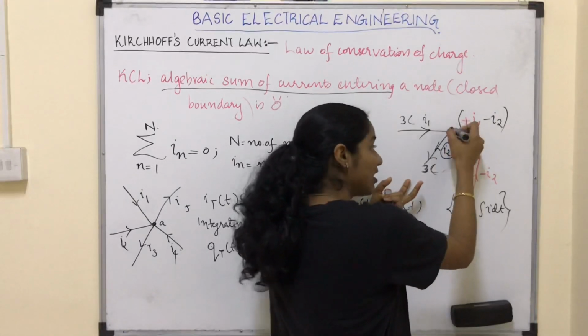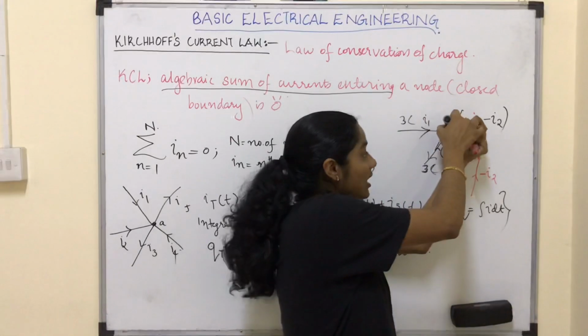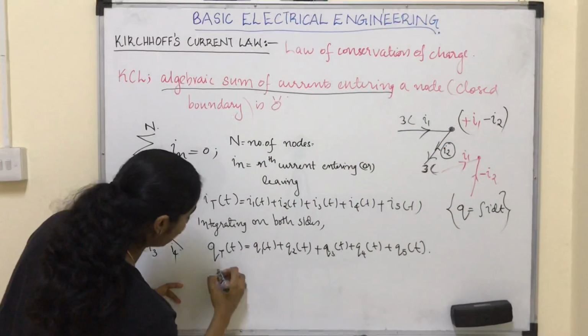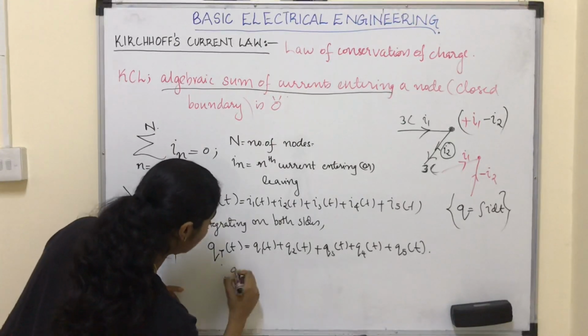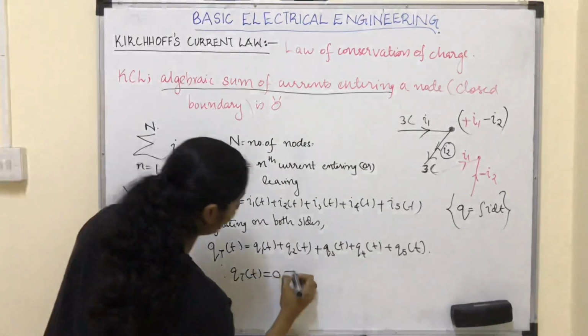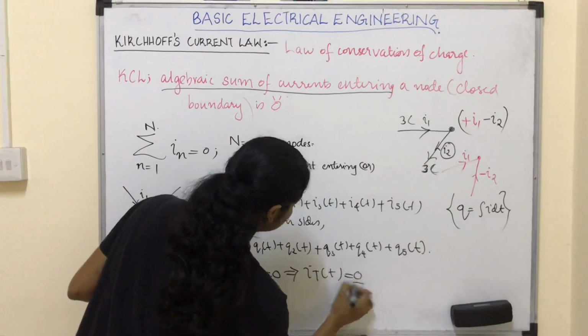The net charge of the node is equal to 0. Net charge equal to 0 means the total charge QT of t equal to 0, which implies IT of t equal to 0.